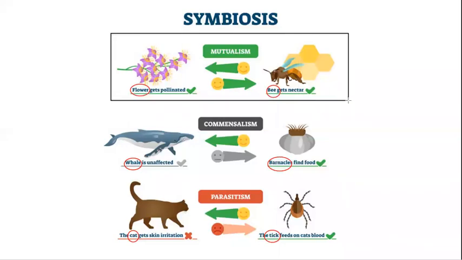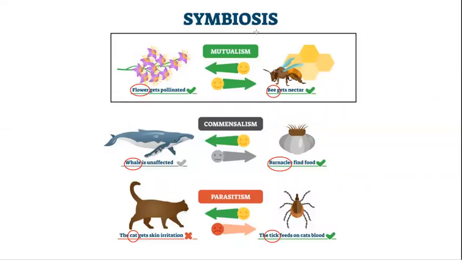First one, we're talking about mutualism. In mutualism, actually both organisms benefit. Flowers get pollinated, bees get nectar, so they both benefit. They are both happy. Okay, both are happy.